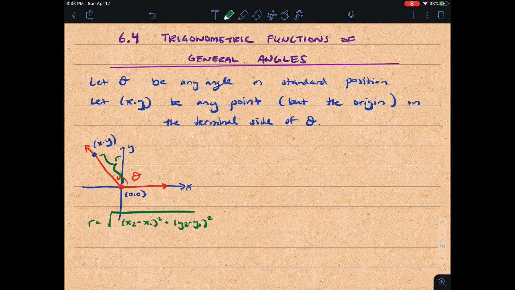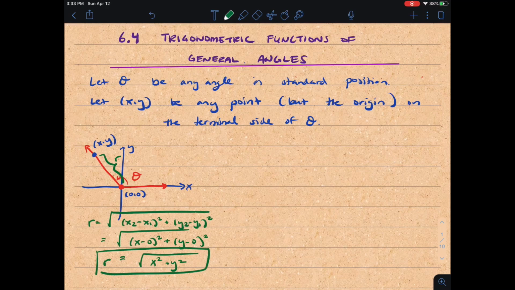This is the formula you want to use anytime you want to find the distance between 2 points. Just carefully plug in the values. And if you simplify it, you should get r is equal to square root of x squared plus y squared. Keep in mind, this is as far as you can simplify this expression. Don't try to do anything else.